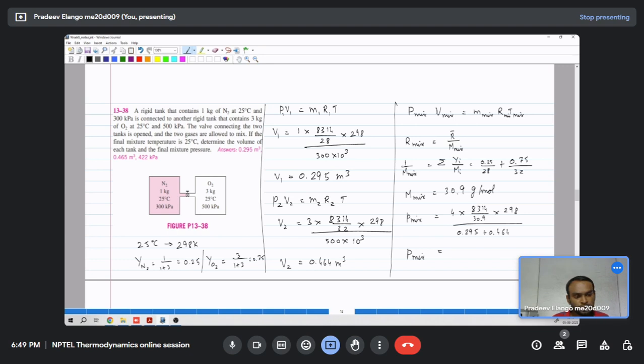Using this, the pressure of the mixture can be calculated. So this is 422,557.7 pascals, that is 422.5 kilopascal.